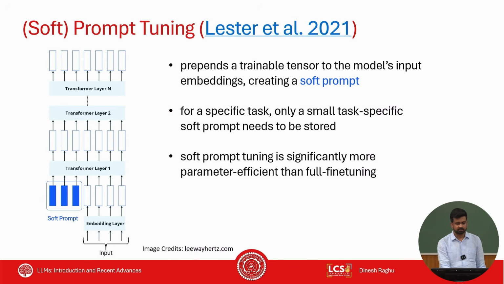This was not one of the first PEFT techniques, but I'm starting with it because it is one of the easiest, and we can build upon it in the remainder of the lecture, right?